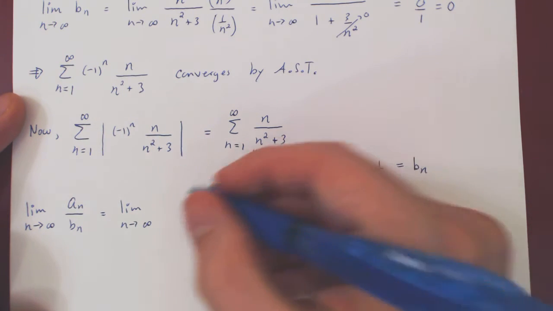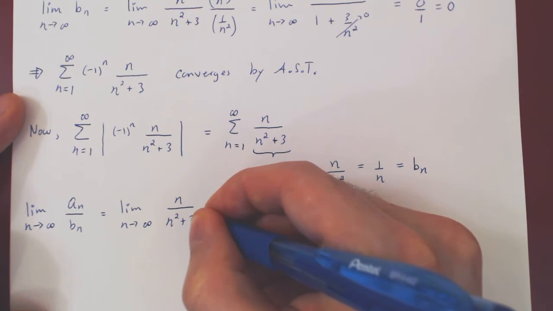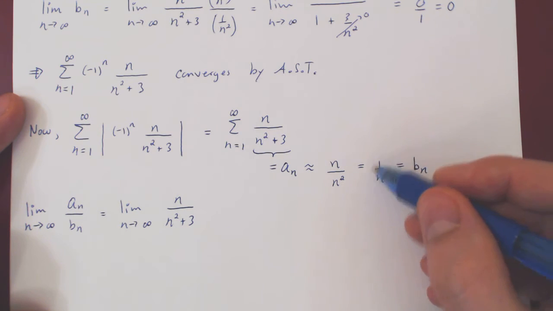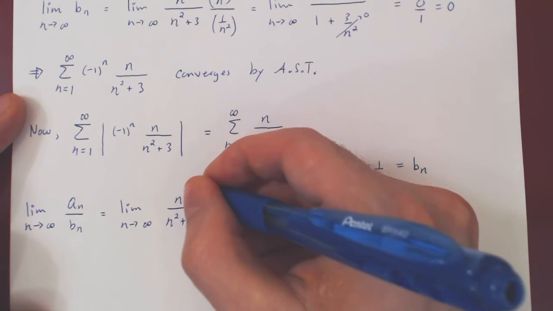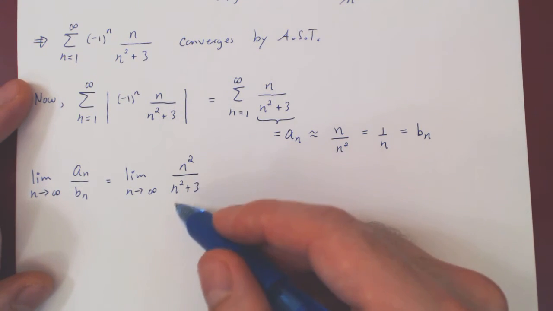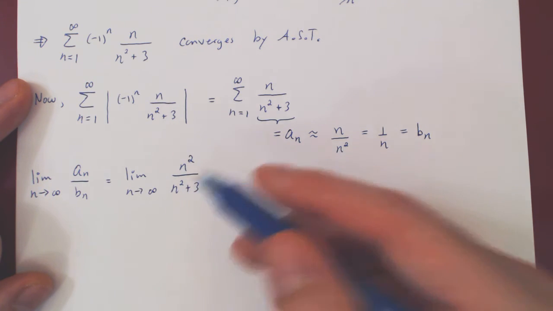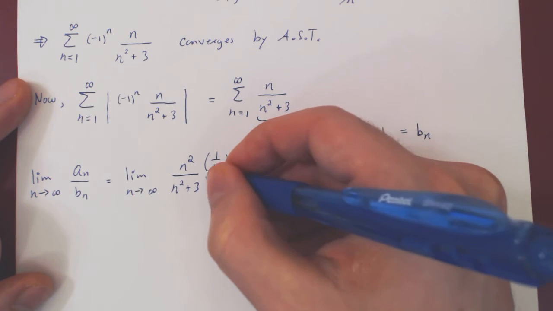So an is n over n squared plus 3. Now we divide by Bn, which is 1 over n, but if you divide by 1 over n, you multiply by n, but n times n is n squared. And then we have a simple limit where the dominant term on top and on the bottom is n squared, and so we multiply top and bottom by 1 over n squared.